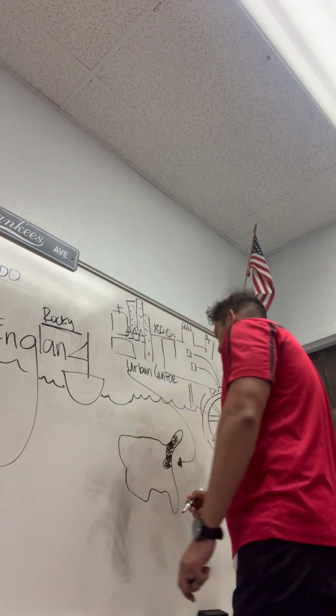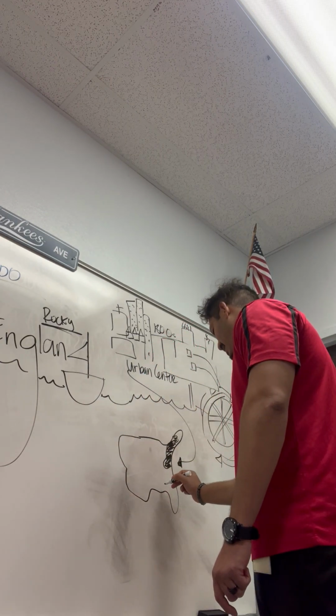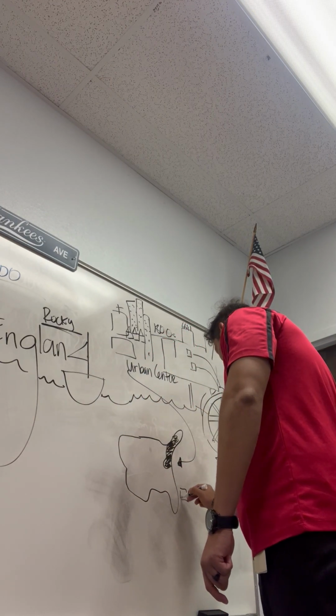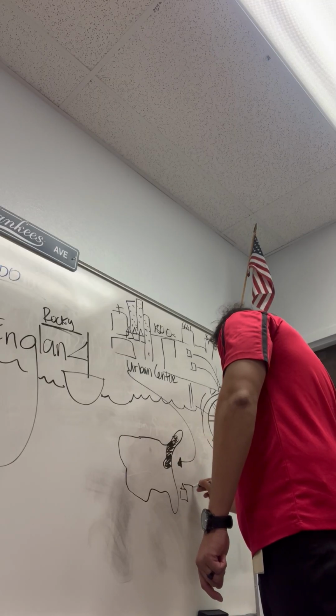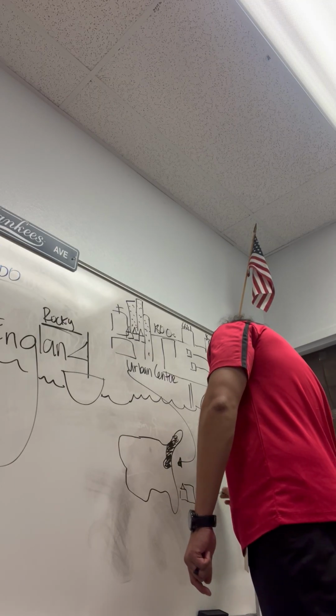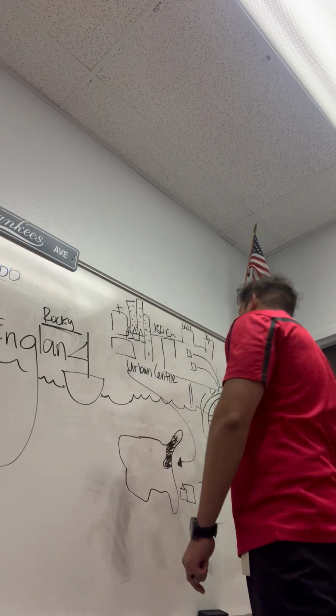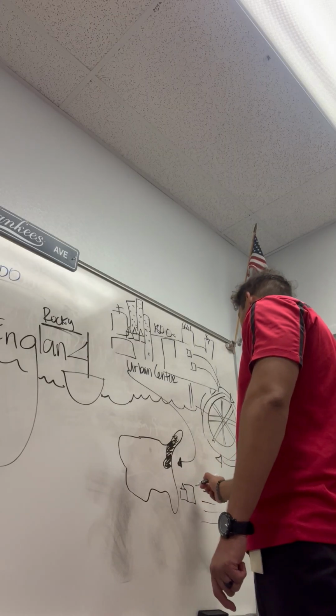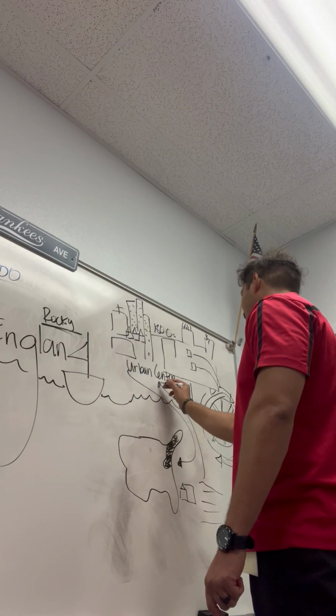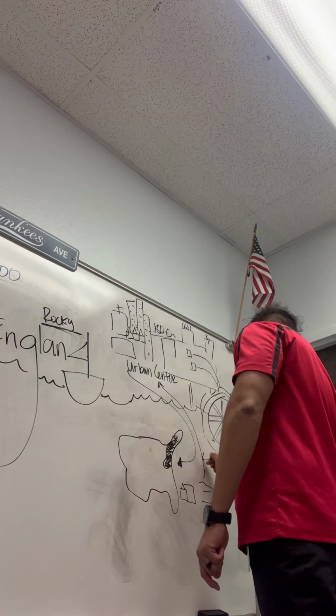Also known as urbanization, where people start leaving their small farms out in the middle of nowhere in rural areas, and they start moving to the cities. This is known as urbanization.